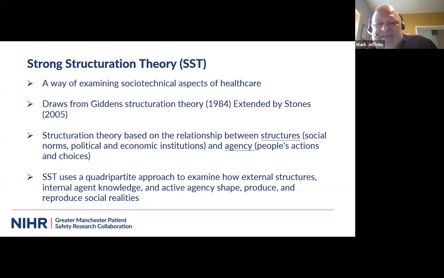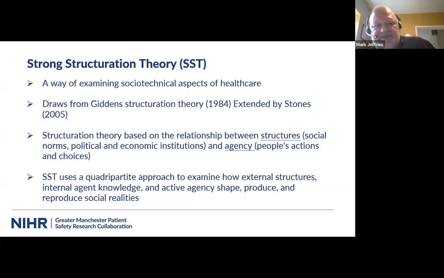Giddens had basically the idea that there are structures within society: social norms, political and economic institutions, and then there is people's agency. This dualism of structure and agency is really important to that. Strong structuration theory also draws upon actor network theory, because it understands things as being reciprocal within that network.